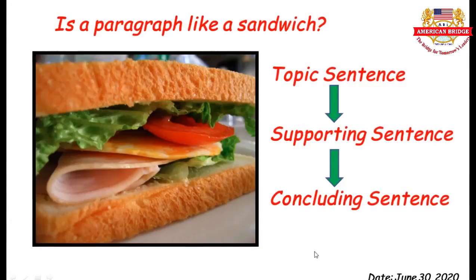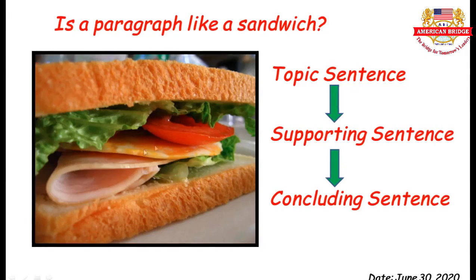The teacher would like to show you the example of a sandwich. So is a paragraph like a sandwich? You see that the sandwich has the bread at the top and bottom, and in the middle they have meat, salad, potato, fried egg, butter, okay. So the paragraph looks like this as well.